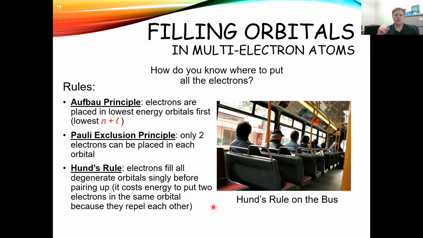If they can go to a low energy orbital that's degenerate, they'll pop over instead of pairing. And a little caveat to Hund's rule, or an add-on, is that all of your unpaired electrons have the same spin. And we generally just say all unpaired electrons have an up spin, though that's just for simplicity's sake rather than from a scientific reason.